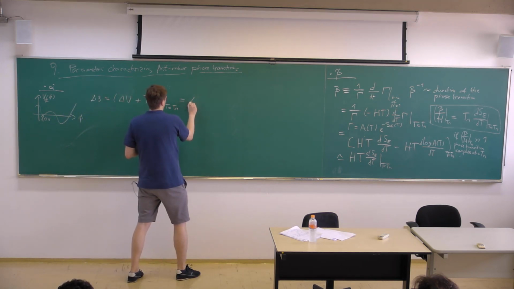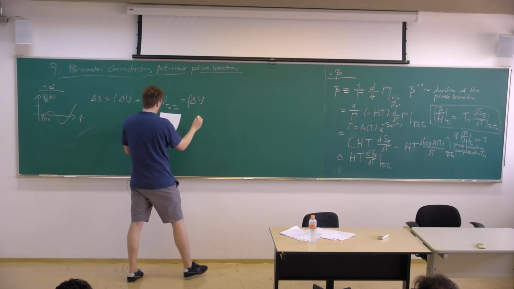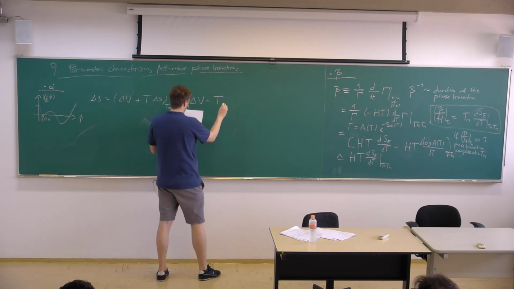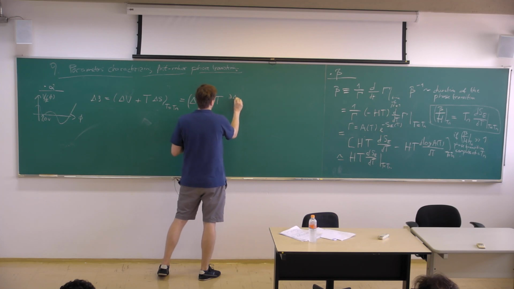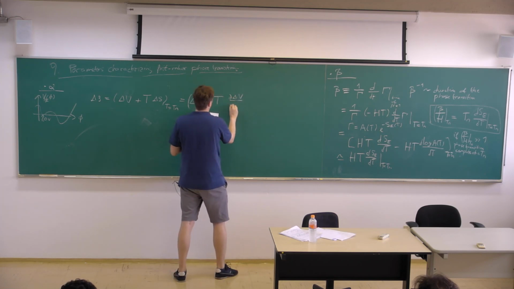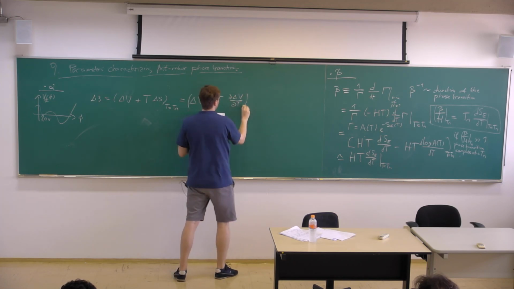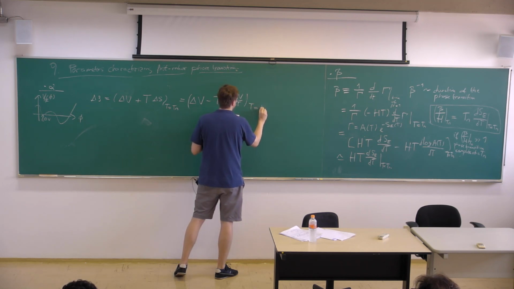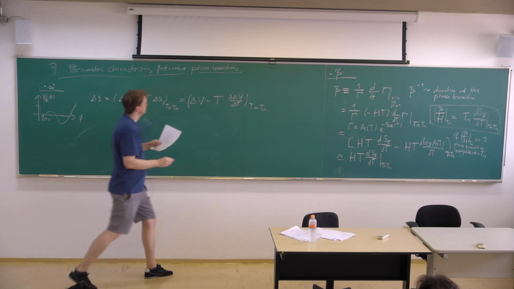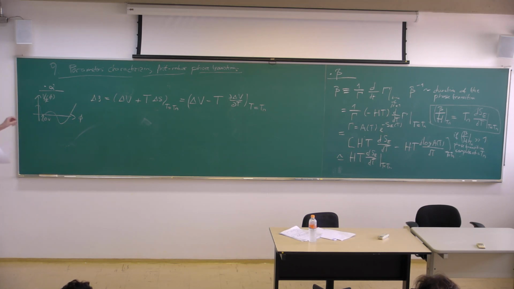So this is delta V minus T times the derivative of delta V with respect to T, which shows how it changes with the temperature.